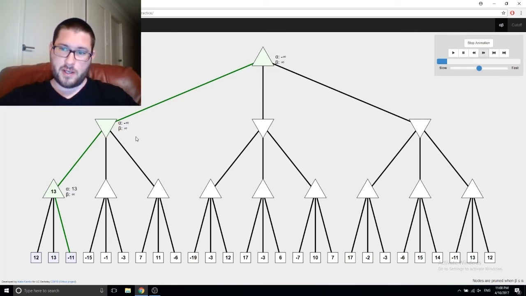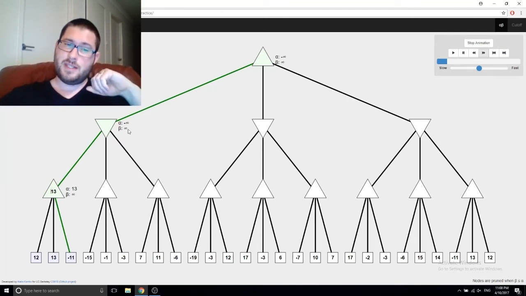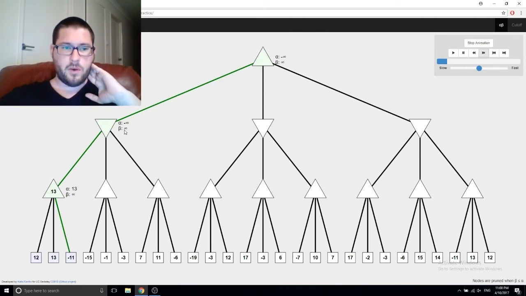And I think the best way to think about it is that the maximizing nodes change their alpha values, and even though they pass up their alpha values, if you think of it more as just passing up the value that that node takes, rather than that value being an alpha value, it might make it easier to understand why it's updating the beta value here.